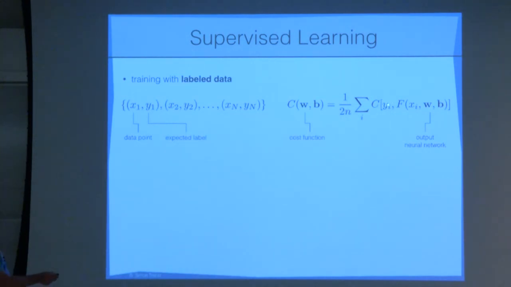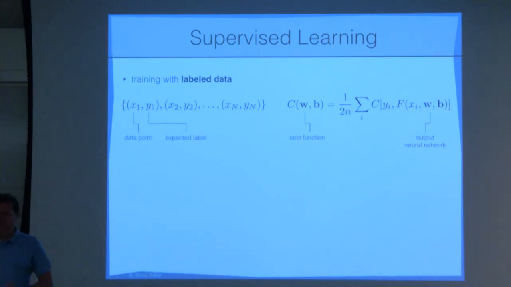I have my expected label, and then I have the output of the neural network, which will be some function of the input and these weights and biases. I can change the weights and biases, but not the input. Then I have some function that I can calculate from this pair, and that's how it works. That's called supervised because I tell it, if you have this input, that is the output that I expect you to generate.